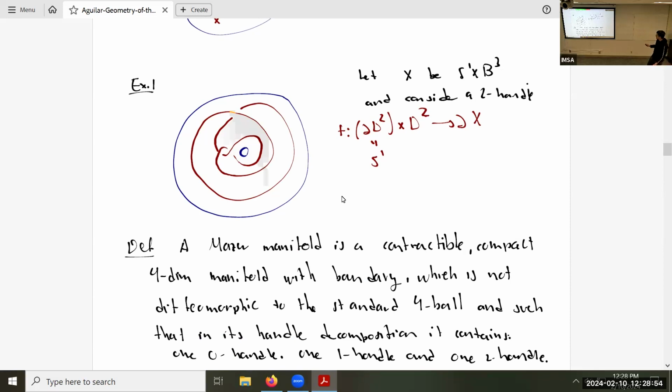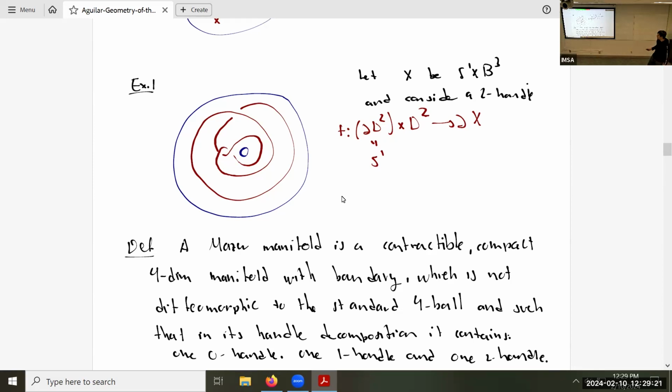I will glue a 2-handle in the boundary of S1 times B3, and this is given by specifying some knot inside the boundary here. So we can choose some non-trivial knot here like this, and then you can glue a 2-handle out of this. You can think of this as the boundary of B2, but it's glued in some twisted way here.